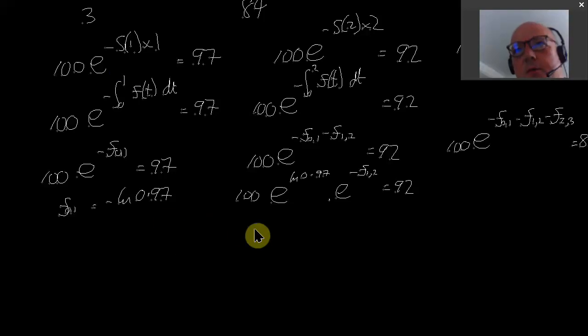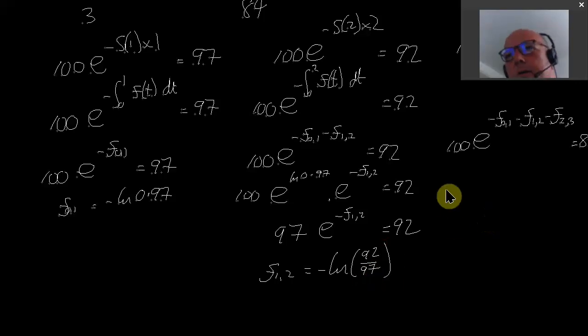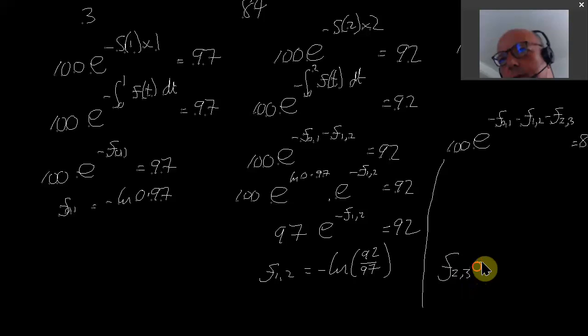Which reduces to, for fairly obvious reasons, 97 e to the minus f 1,2 equals 92. So f 1,2 equals minus log of 92 over 97. And hopefully you can do the algebra yourself here, but you're going to get f 2,3 equals minus log of 84 over 92.